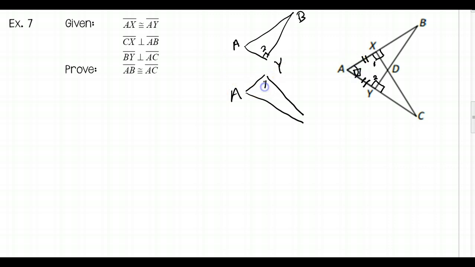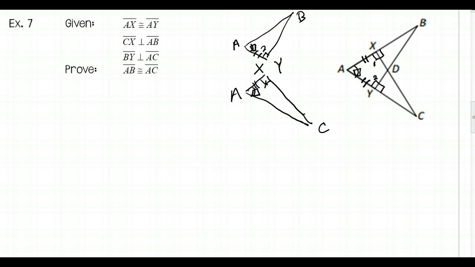And this is angle 1, which is a right angle. And this is point C, and this is point X. And we had AX and AY were congruent. All right, so we see in our picture I've got angle side, so I either need another side or another angle, but we already discussed that angle A here is reflexive, so we can get those congruent.